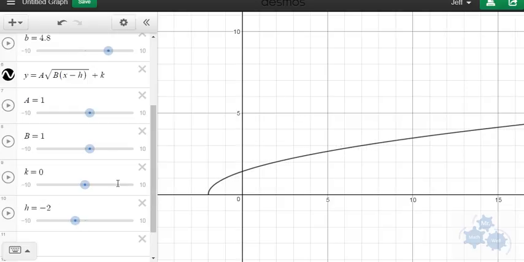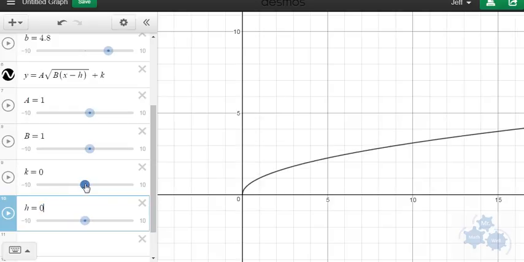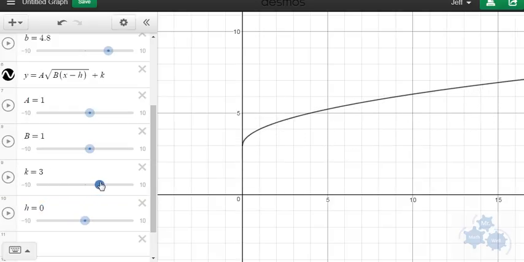So if h is negative 2, guess what? The domain is now x greater than or equal to negative 2. So h affects the domain. I don't want to make any blanket rules, but you have to examine what h is to look at the domain. The other thing you have to do is examine what k is to determine the range.